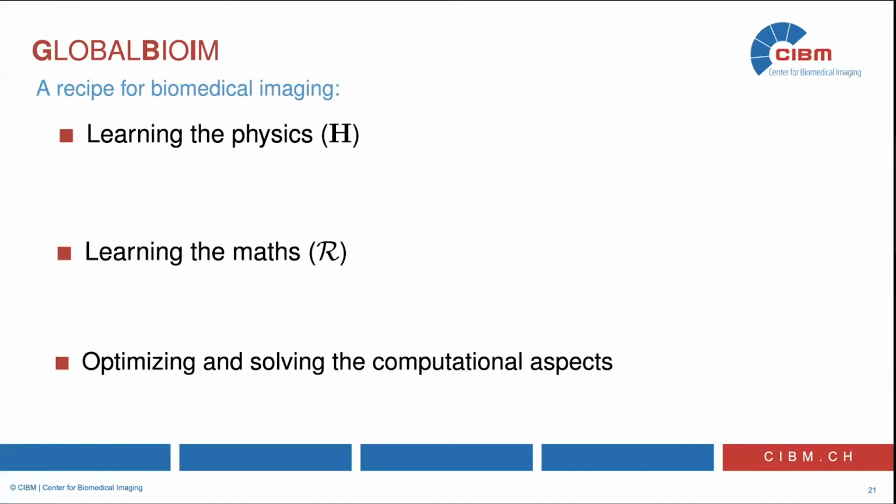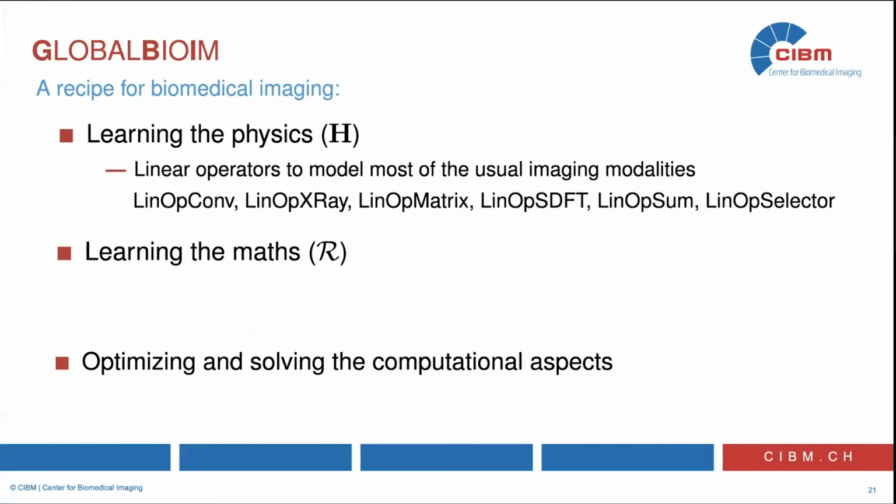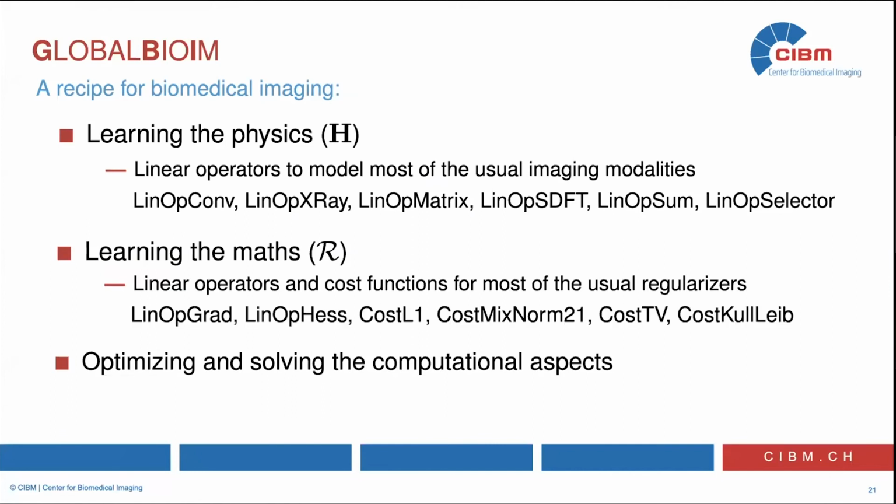The recipe for getting images in biomedical imaging is you learn the physics, and for that, the library includes implementations of most of the usual imaging modalities: convolution, X-ray transform, which is the Radon transform, a generic matrix, sliced Fourier transforms, sums, selectors of patches, etc. Then you have to learn the math in order to choose one of the common regularizers, and the library includes everything you need to compute a regularizer.